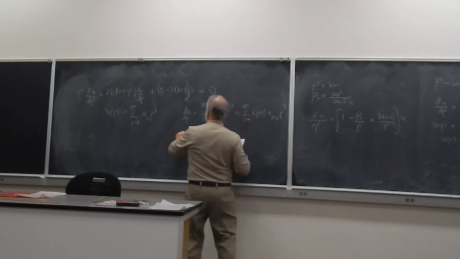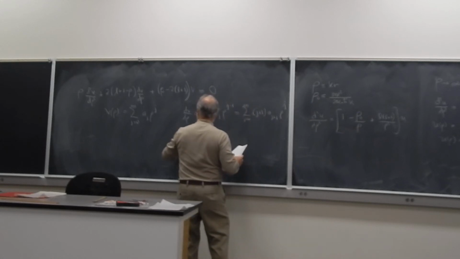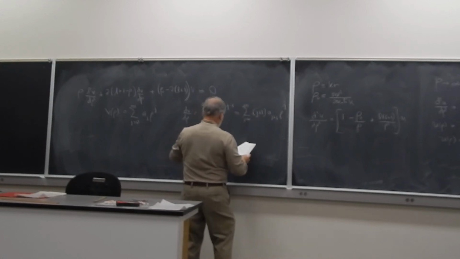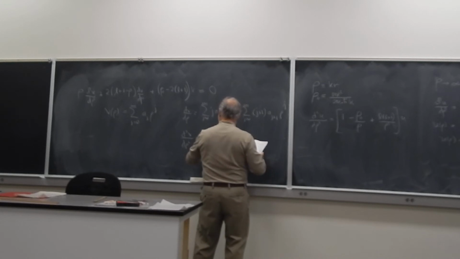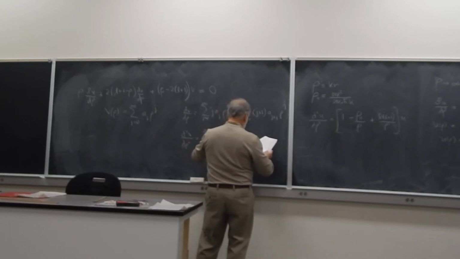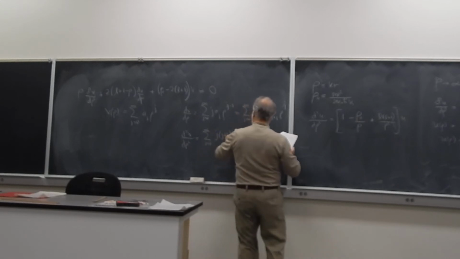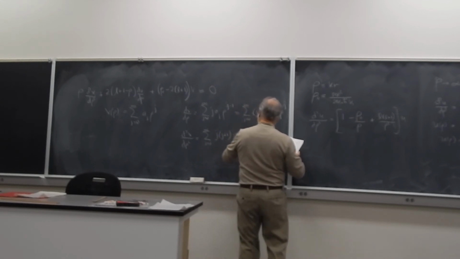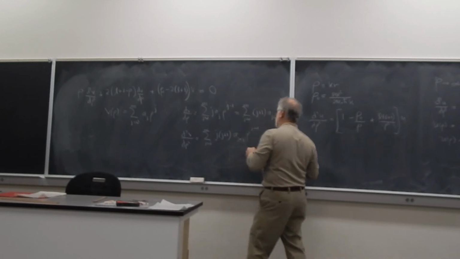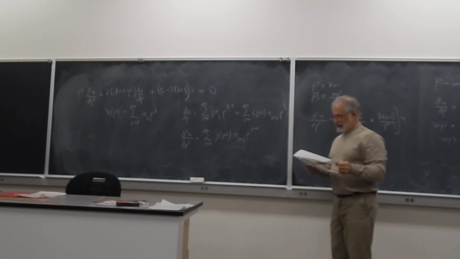So my second derivative I'll write as the sum from j equals 0 to infinity of j times (j plus 1) a sub j plus 1 rho to the j minus 1. So that's my second derivative term.